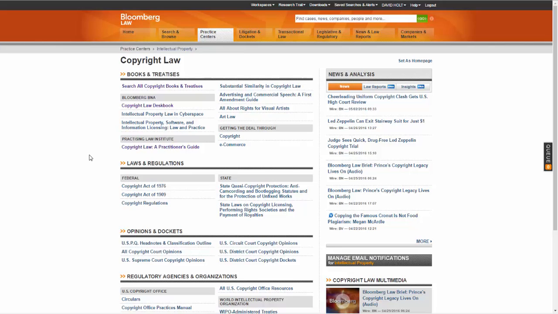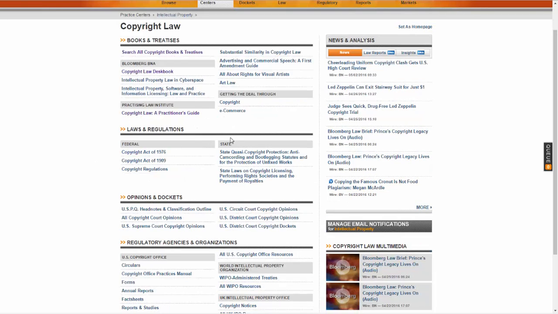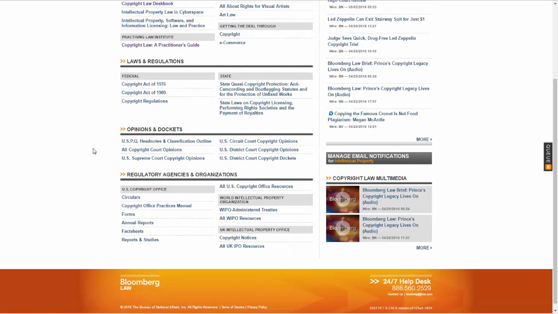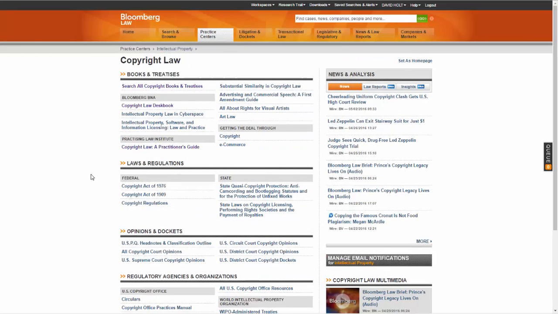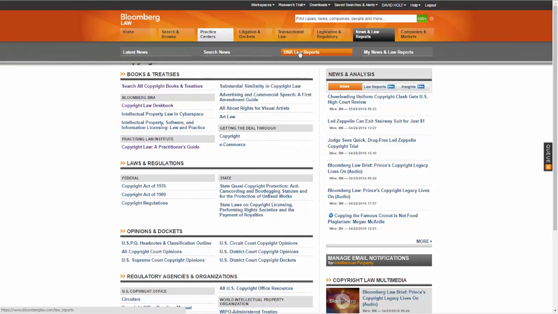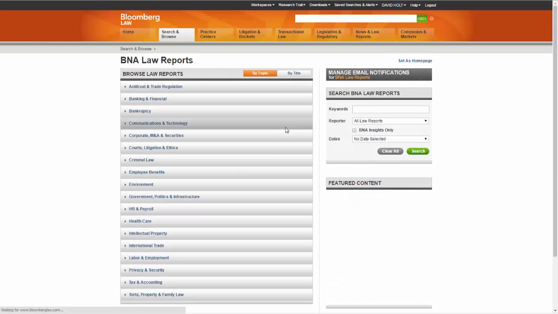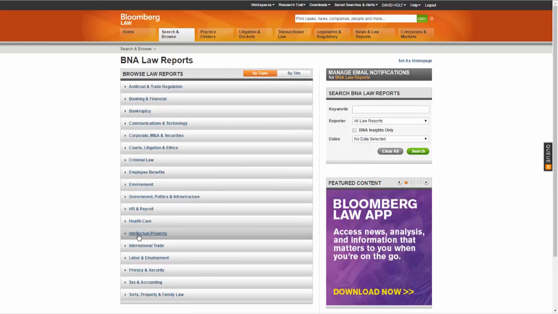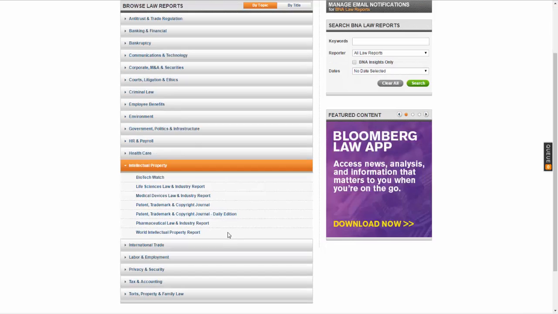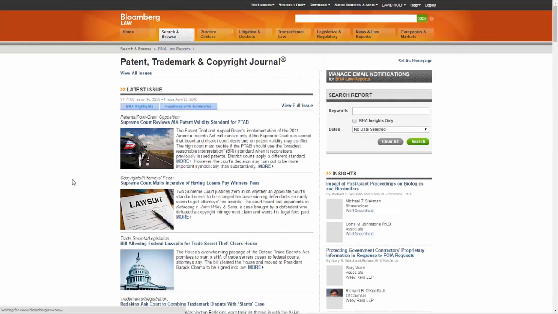the big value with Bloomberg, in contrast with the other platforms, is its current awareness tools. If you go to News and Law Reports and then BNA Law Reports, and then down to Intellectual Property, you'll see that there is a current awareness newsletter available via Bloomberg that is considered far more valuable among practitioners than the tools from Westlaw or Lexis.